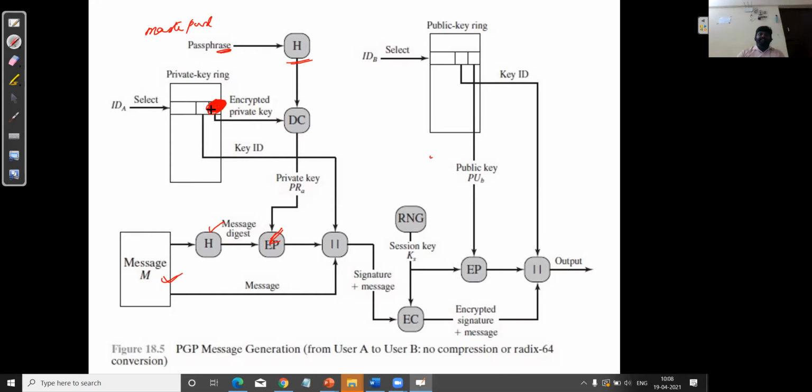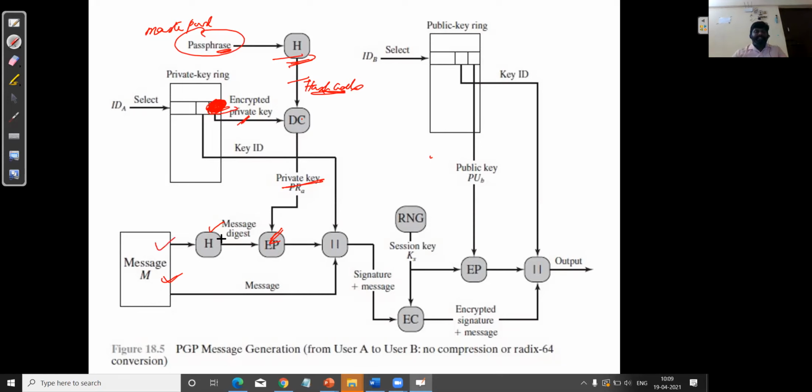The value produced by the hash code is considered the key protecting the private key. To decrypt, again from the master password we apply the same hash function and get a hash code. This hash code is the decryption key for the private key. After decrypting, the private key is retained.